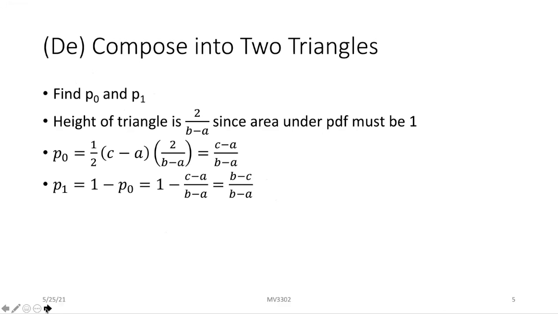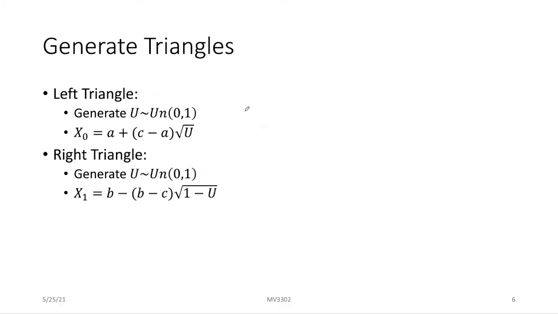Okay, so here's how this works. To generate the left triangle, we have A plus C minus A times root U. Remember that was kind of what we had before.